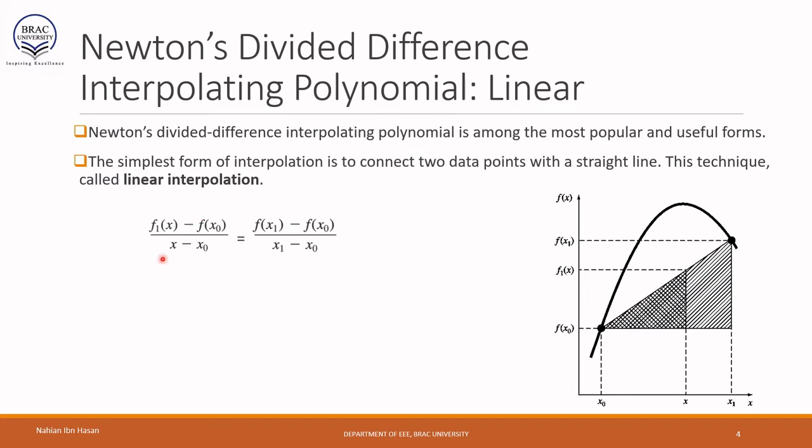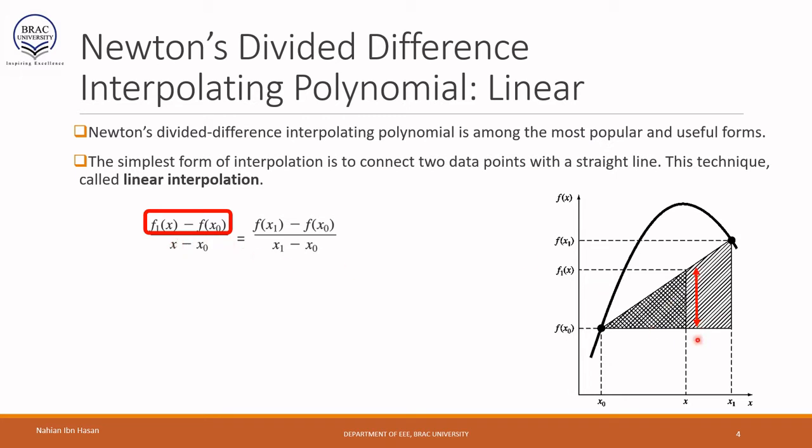This is the linear interpolation equation, Newton's divided difference first order or linear interpolating polynomial equation. So how does this equation come? This equation can be derived easily from this figure. How? Let's say on the numerator in the left hand side we have this term f1 of x minus f of x naught.